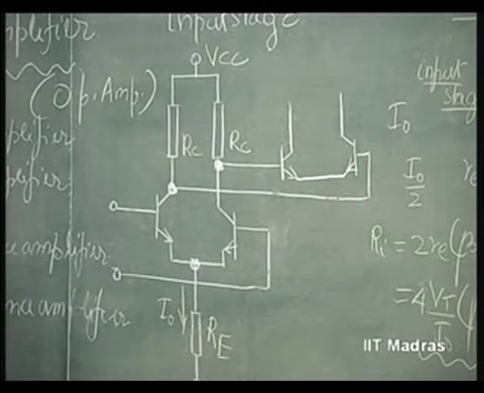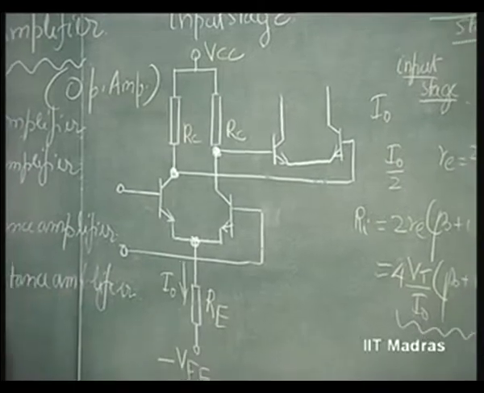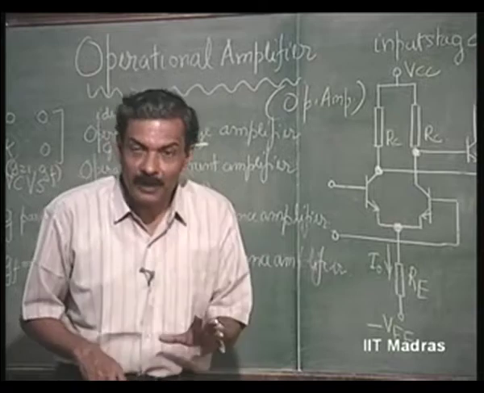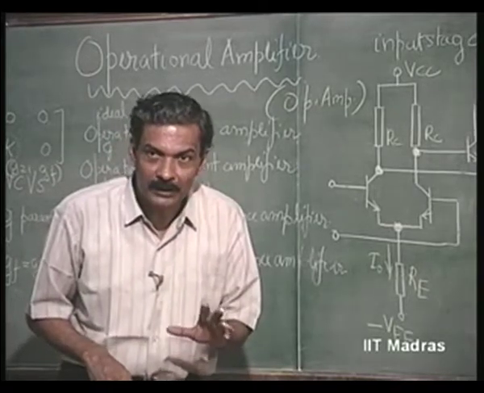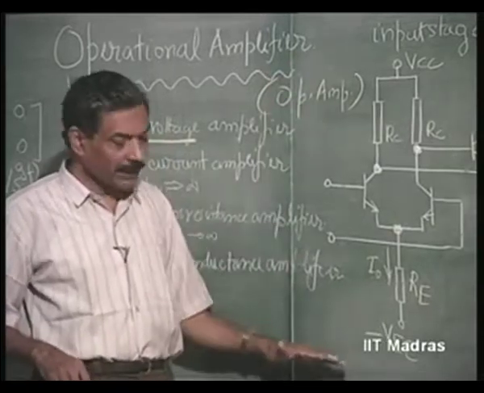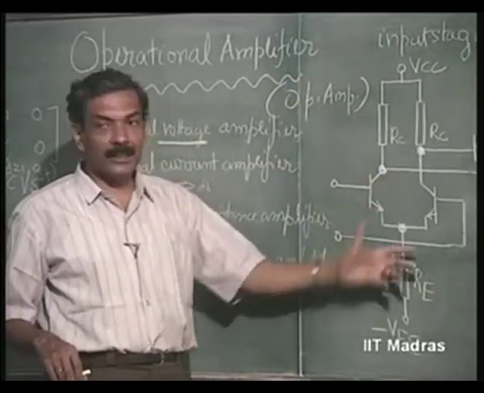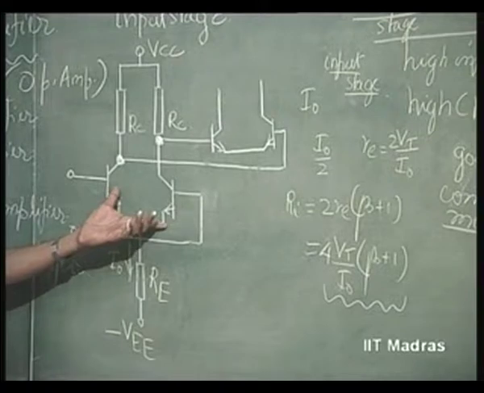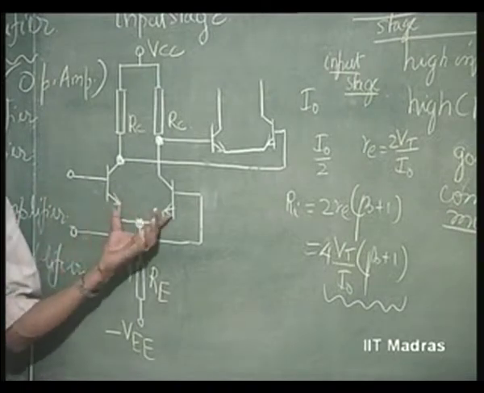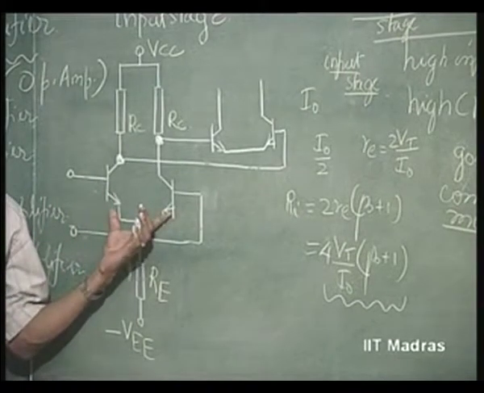In all these cases, you should be able to remove the common mode signal and amplify the differential mode signal. That means the common mode signal should be capable of going from minus to plus without this stage getting affected in any way, without the watchman suddenly losing his role because of the pressure of work. That should not happen.